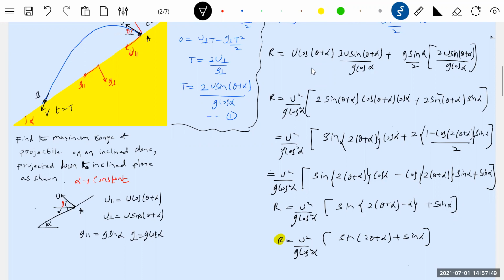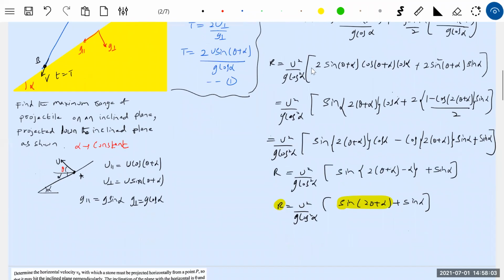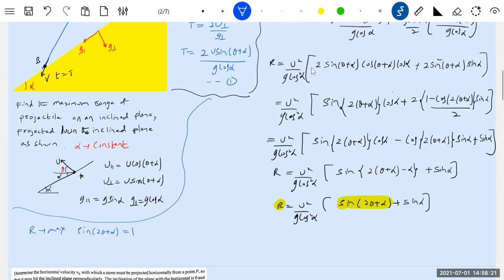Now for the range to be maximum, this function should be maximum. This should be equal to 1 because the remaining ones are all constant: the U, G, all that. If this is equal to 1, the range will be maximum. So the condition for maximum range: for R to be maximum, 2 theta plus alpha should be equal to pi by 2.